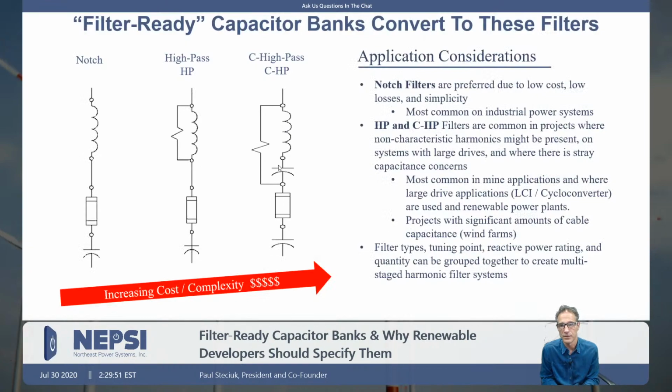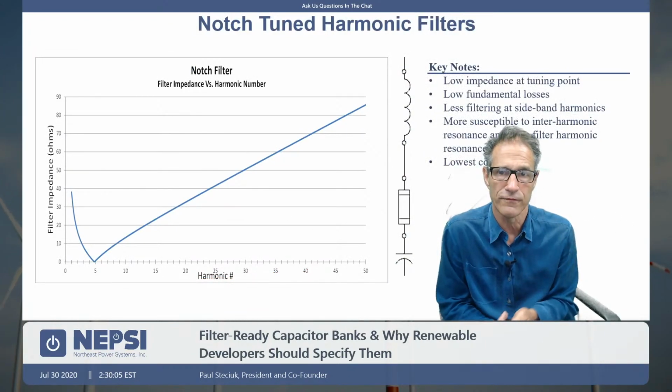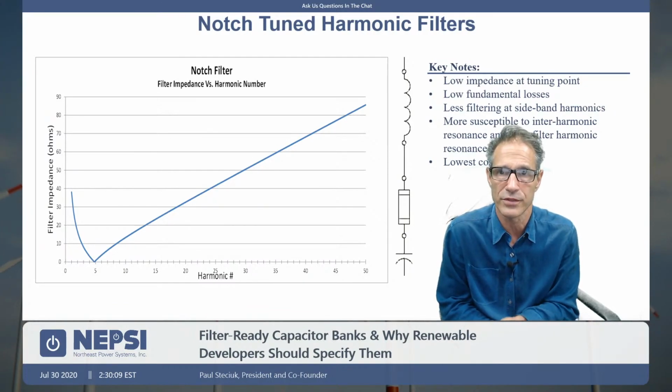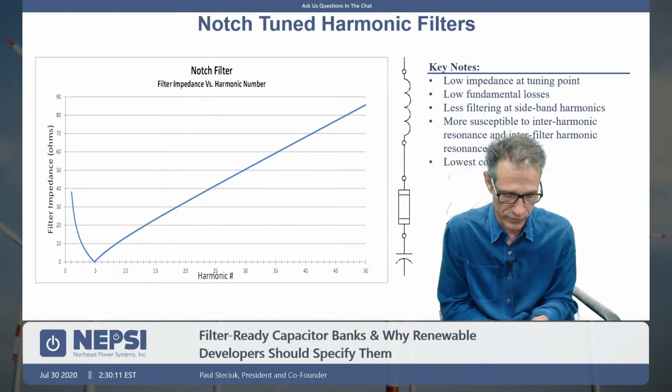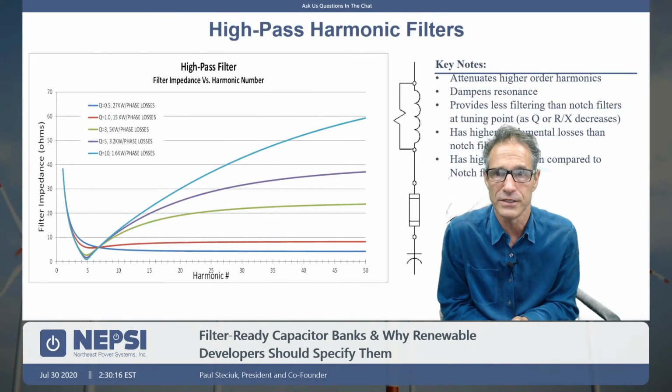Okay, so there is an increase in cost and complexity as you go from notch filter towards the C high pass filter. Notch filter, this is just a quick impedance profile. We have other presentations that will be addressing the characteristics of notch filters, high pass filters, and C high pass filters, so we won't go into too much detail here.